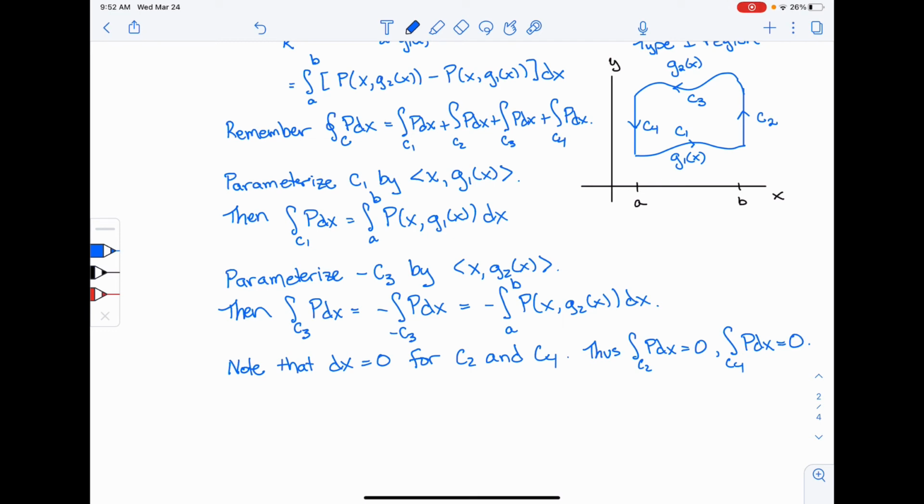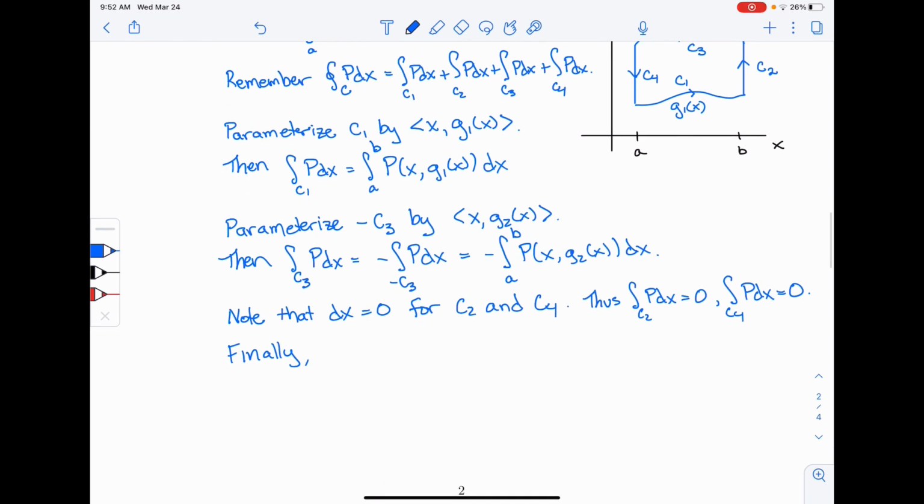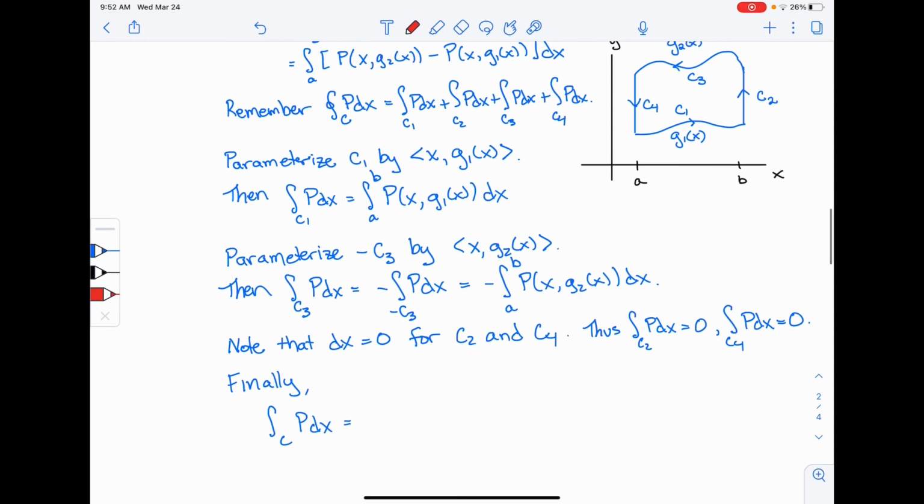So what do we have, finally, is that if I integrate around c of p dx, then that would be the sum of the integral of c1 p dx plus the integral of c3 p dx.